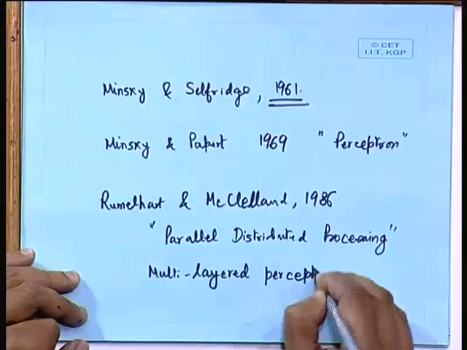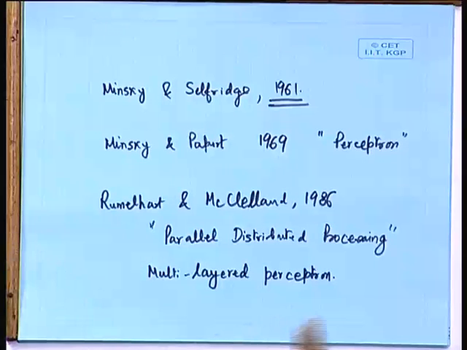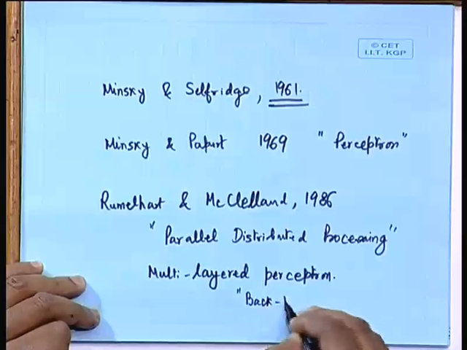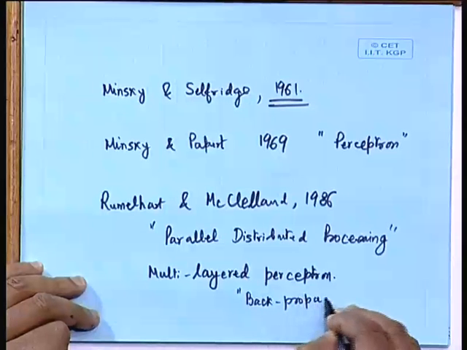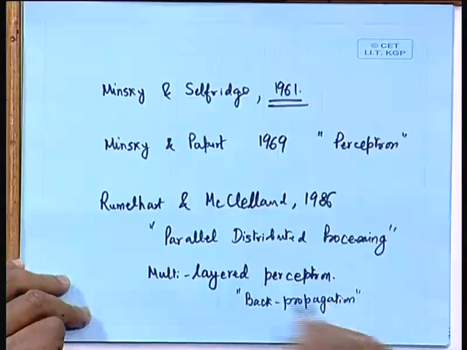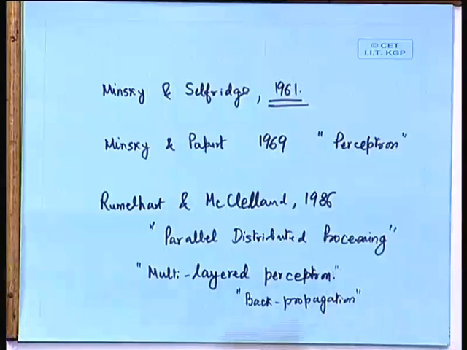In fact, they are the first people to coin the term backpropagation. A lot of times I find that the words backpropagation and multi-layered perceptron are used interchangeably. They should not be, because backpropagation itself has some concept built into it, whereas the idea of the multi-layered perceptron is pretty simple.